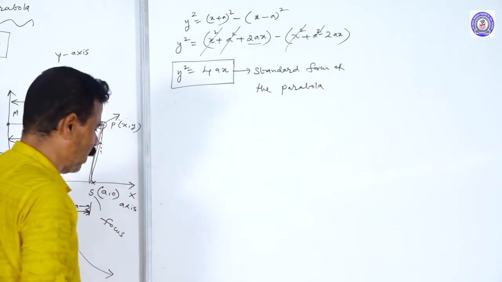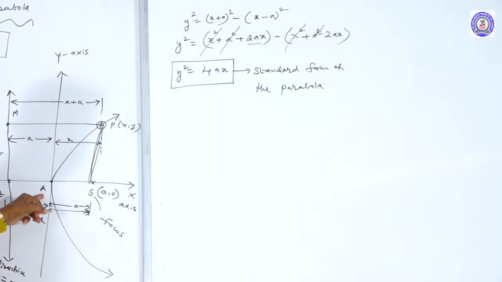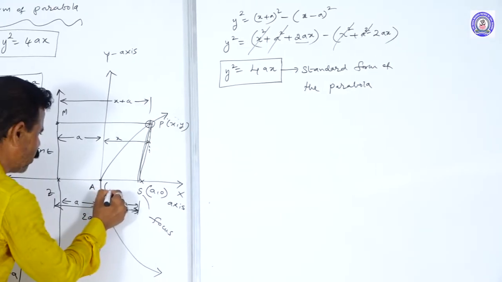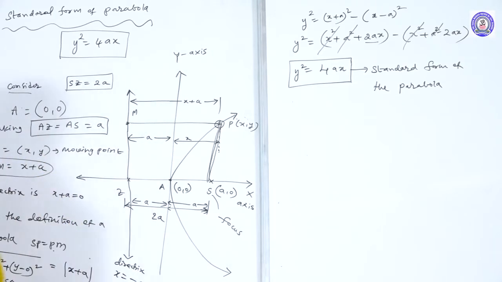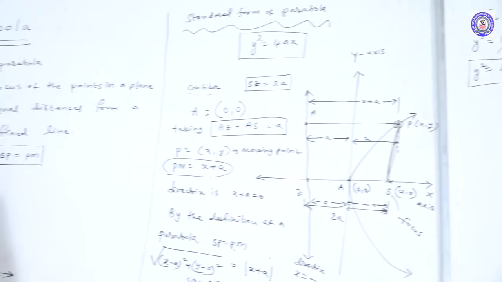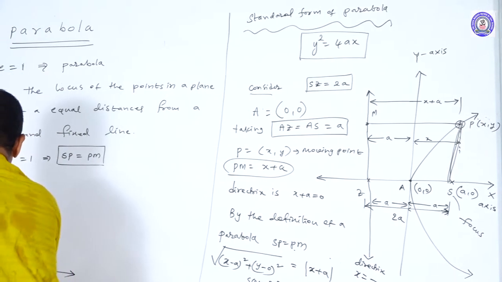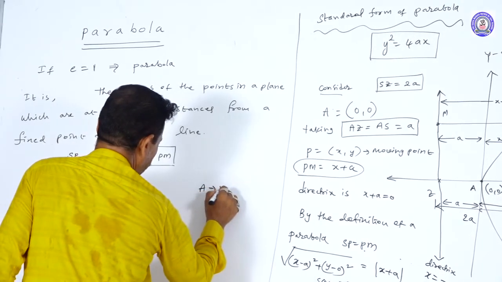When we call the standard form, the vertex A is at 0 comma 0. Here A is called the vertex.